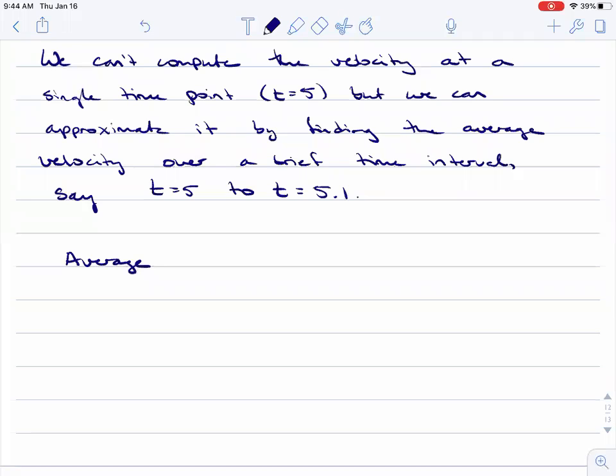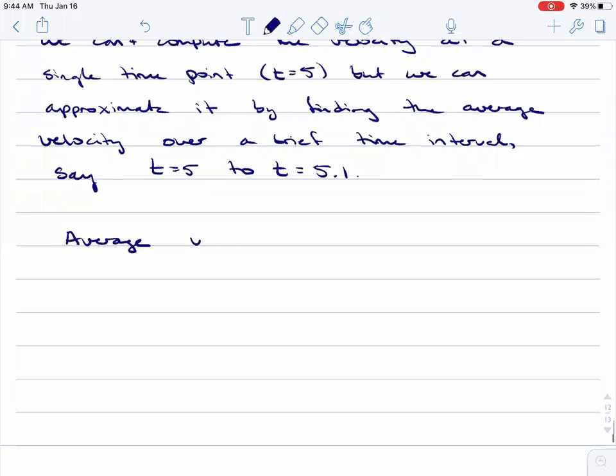From probably any physics that you've taken, right? The average velocity is the change in position, right? We're talking about the average here because we are going to have to take the average velocity and take the limit of it to find the instantaneous velocity.